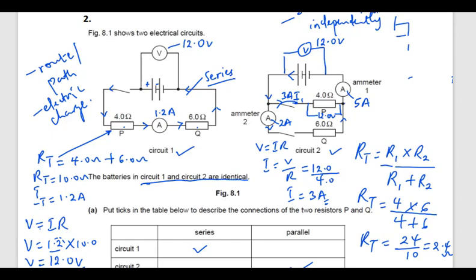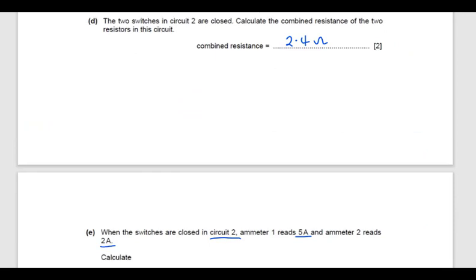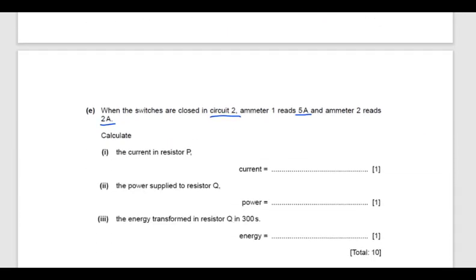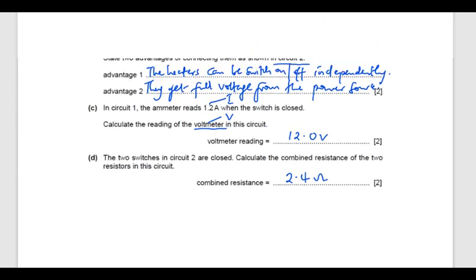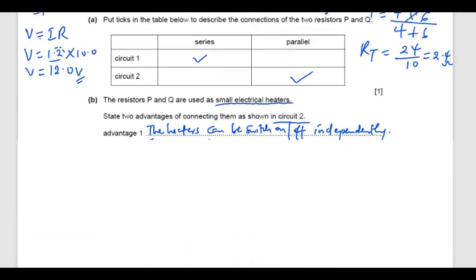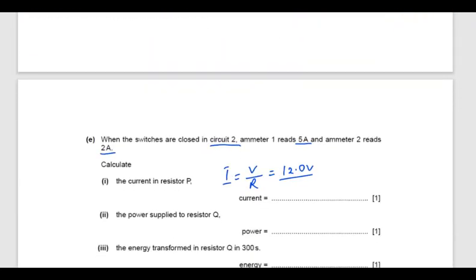Okay, so having said that, we can now write the final answer. The current flowing through that resistor P will be the current equals the voltage across it divided by its resistance, which is 12.0 volts divided by 4.0 ohms.